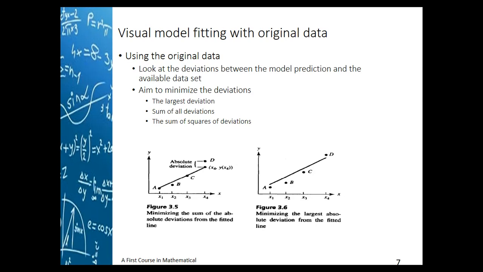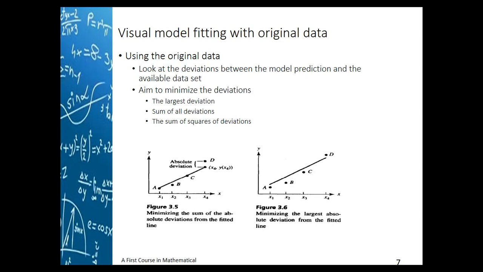The plus point with figure 3.5 is that you get most of the data, you minimize the sum of the absolute deviation from the fitted line, but what happened is that your D is so far off from your original assumption line. Whereas in figure 3.6, you don't have any points on the line.